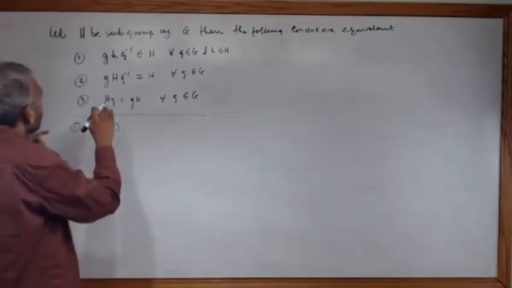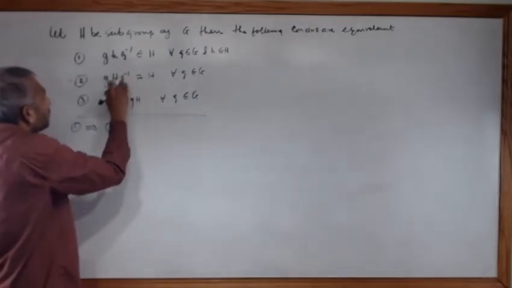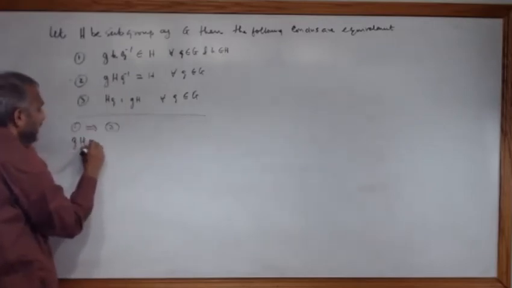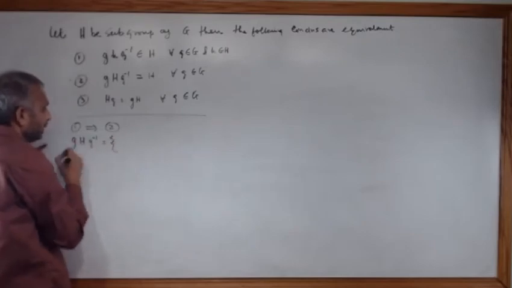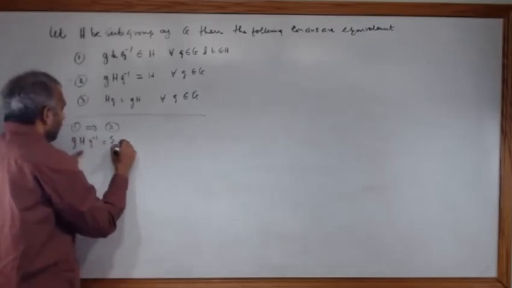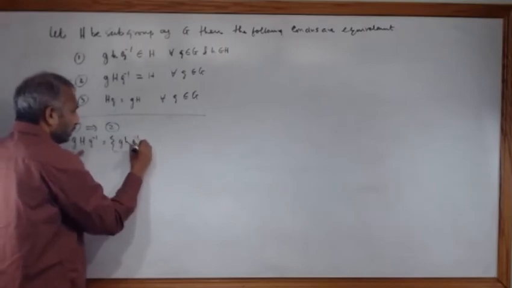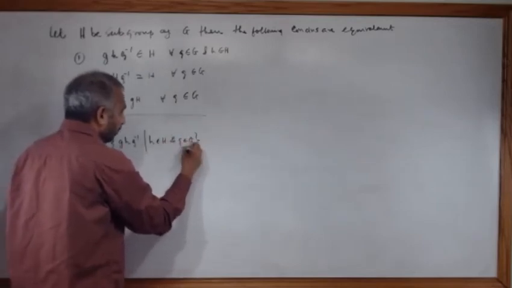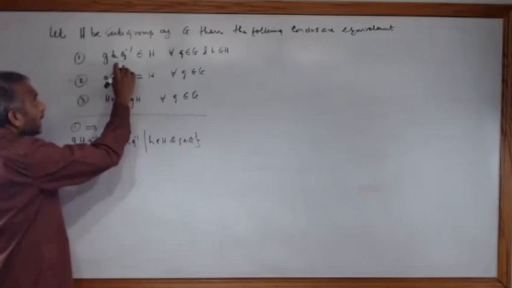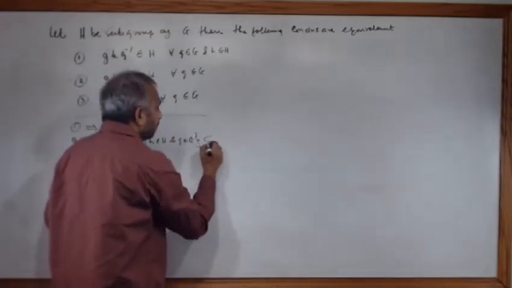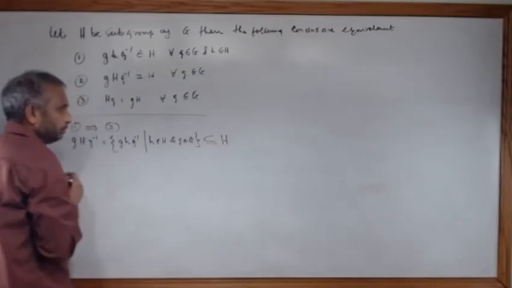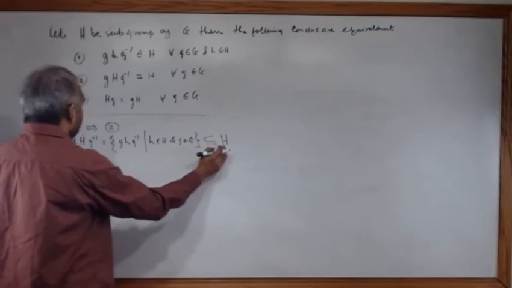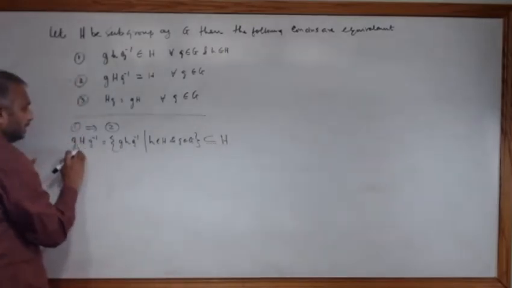So we need to prove that if this is true, then this is true. Well, what is this? gHg inverse, by definition, is actually g h g inverse for all h in H and g in G. But this is already in H, so we can say that this is a subset of H. Now we need to prove that H is a subset of gHg inverse.